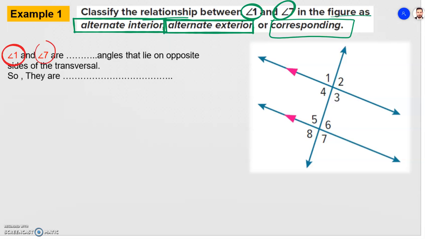Let me see where angle 1 and angle 7 are. Angle 1, let me highlight it. This is angle 1.